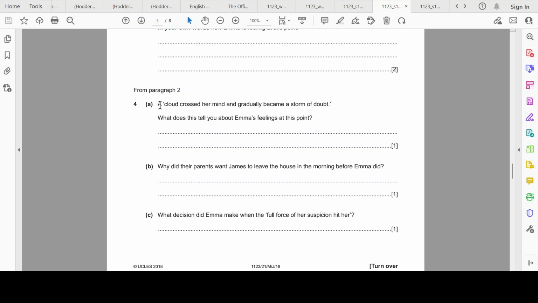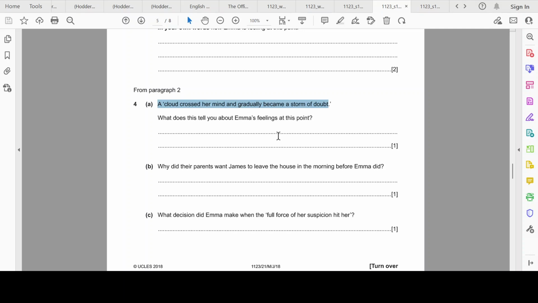So this could be, a cloud crossed her mind and gradually became a storm of doubt. This could be, how does the writer use effect over here to talk about Emma's feelings? If this were reworded according to the current syllabus requirement, like if this were made into a new 1123 paper, that's how this question would be presented.